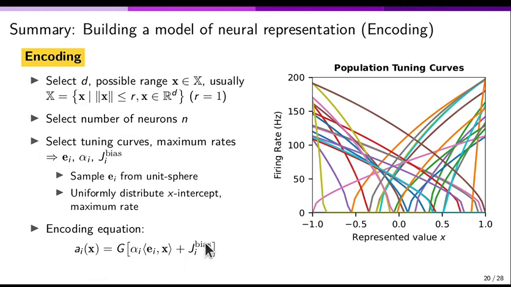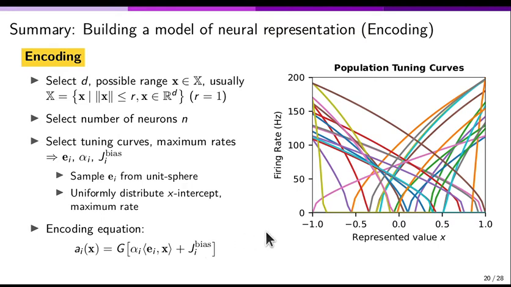One way to think of the bias parameter is, if x is 0, this whole term over here is going to be 0, but you still want the neurons to be doing something, and each neuron is doing something different when x is 0. This neuron's firing there, this neuron's firing there, this neuron's firing a lot. Whatever current causes that amount of firing, that's what the bias value is.